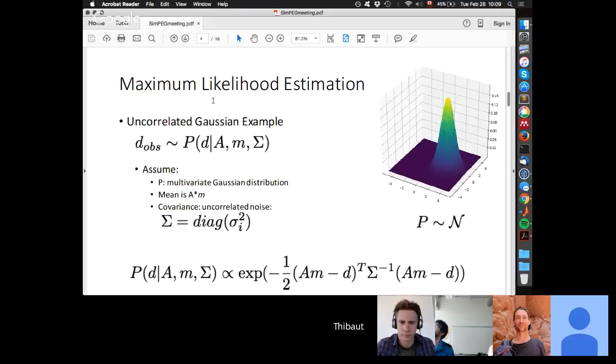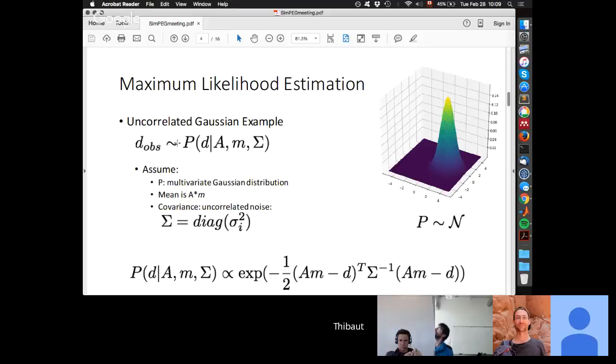So the first approach, the naive one, will be the maximum likelihood estimation. This data is what I know, and basically I have a realization of a multivariate Gaussian that we can see here, for just 2 variables.